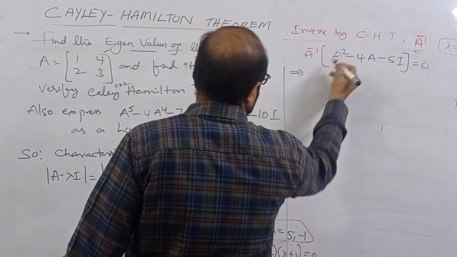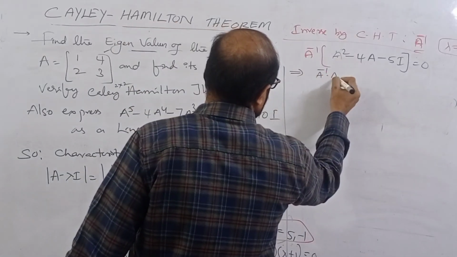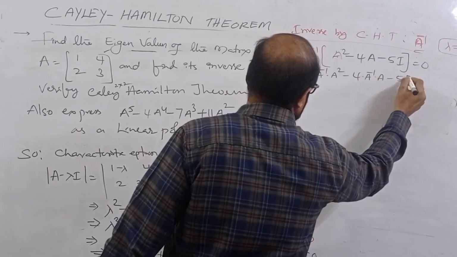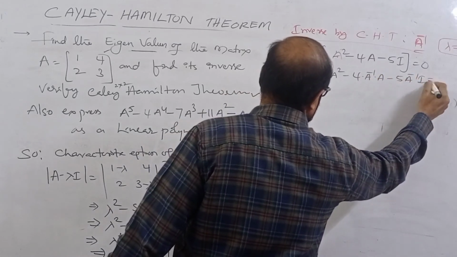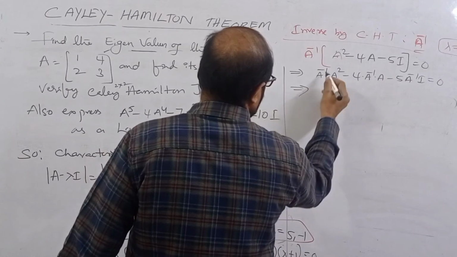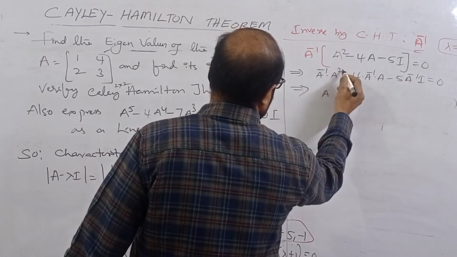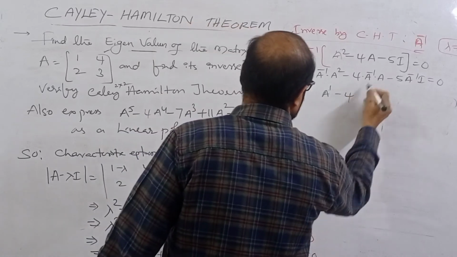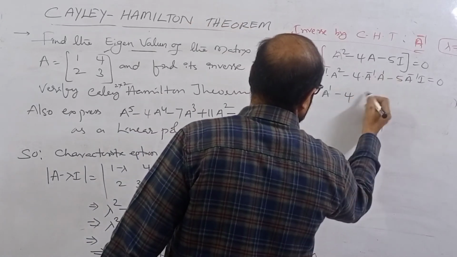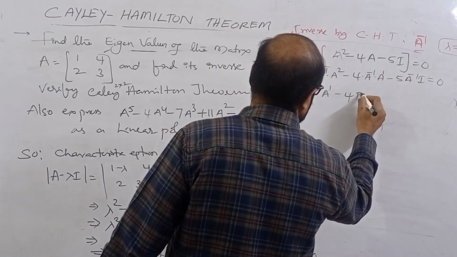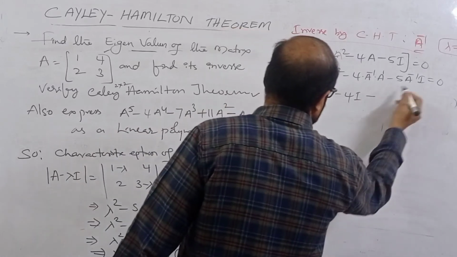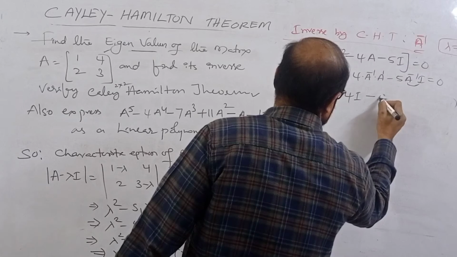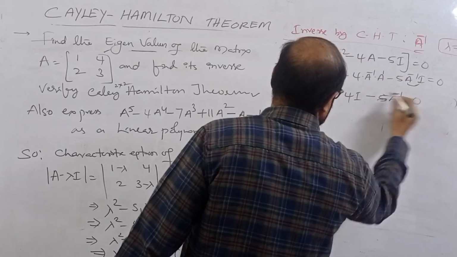This implies A inverse into A square minus 4 A inverse into A minus 5 A inverse into I equal to 0. Implies A to the power minus 1 plus 2, which is 1, minus 4 into A inverse into A, A to the power minus 1 plus 1 is 0, A power 0 is 1, so simply 4I. Minus 5 into A inverse into I is A inverse only. So minus 5 A inverse is equal to 0.